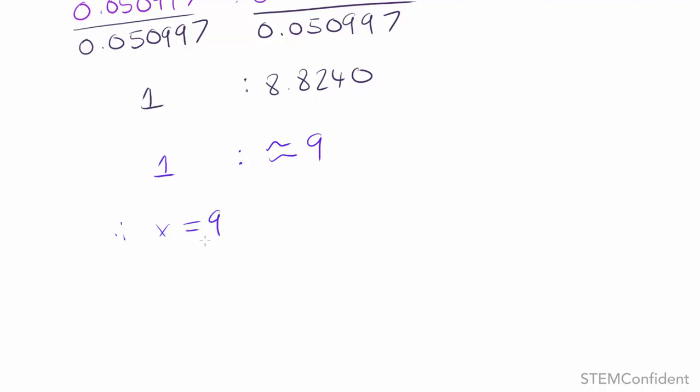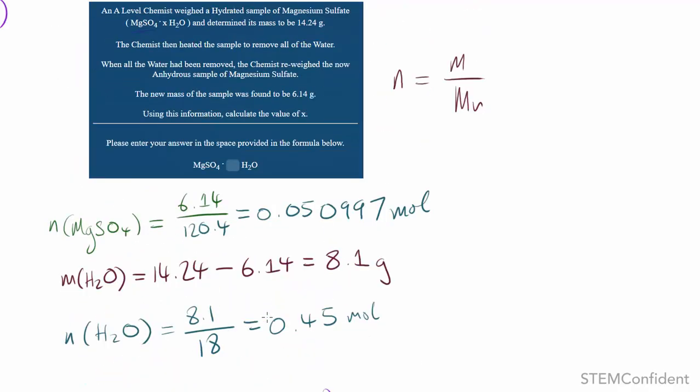The formula in this case is going to be MgSO₄·9H2O, and the value of X here is 9.